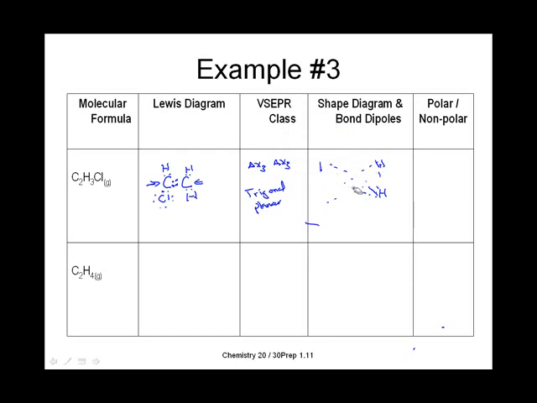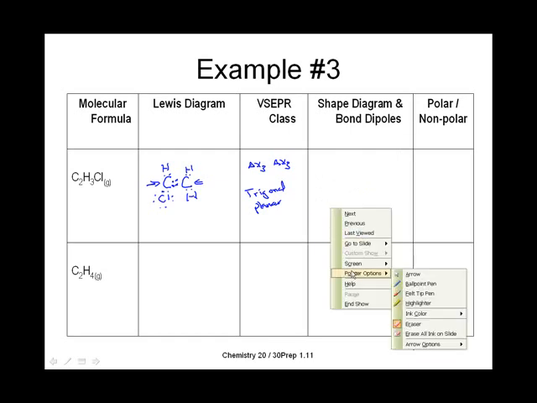Now I'm going to clear it off here, and we're going to redraw our shape diagram just so I can draw those bond dipoles. All right.